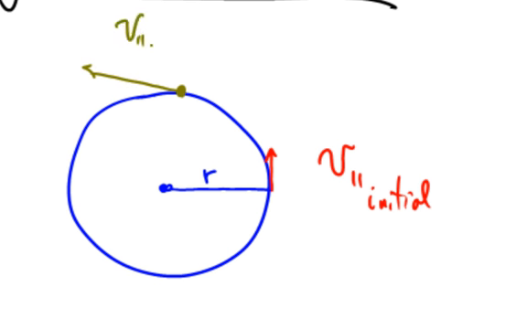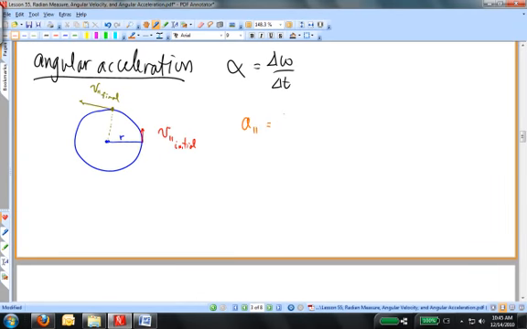Let's call that v parallel final. Because the tangential speed changed, then we can talk about a tangential acceleration. The tangential acceleration in magnitude is going to be the change in the tangential speed with respect to time. So in our diagram, that's going to be the final tangential speed minus the initial tangential speed divided by the time interval of interest.